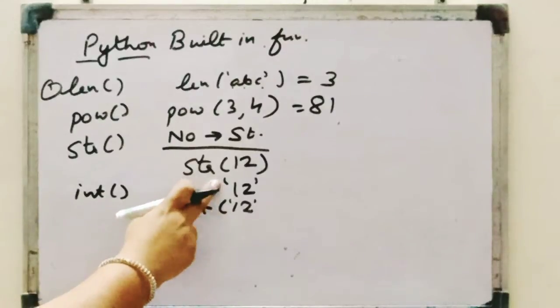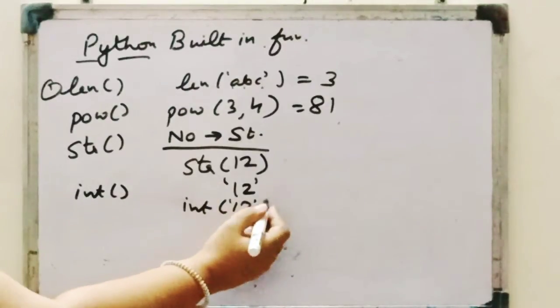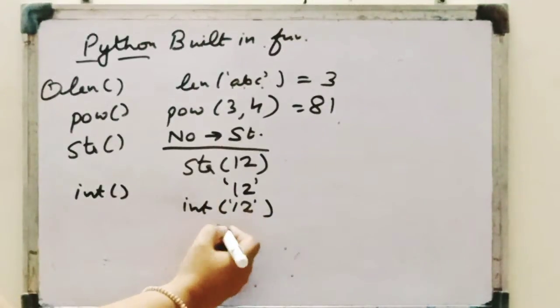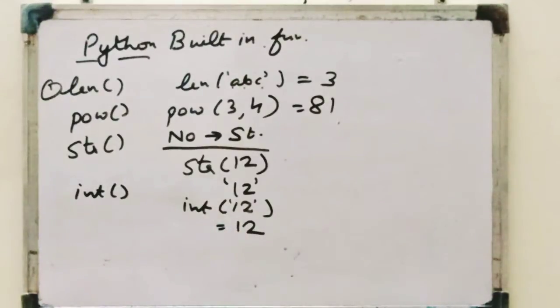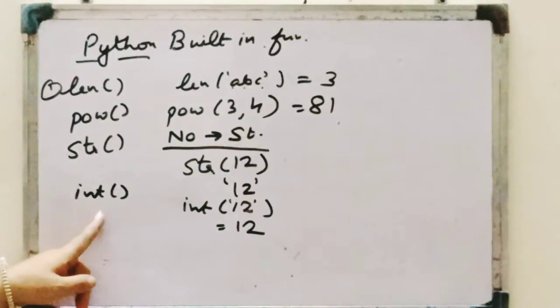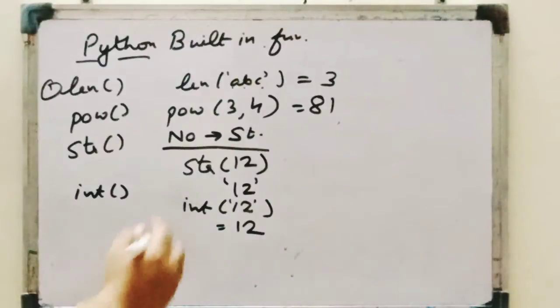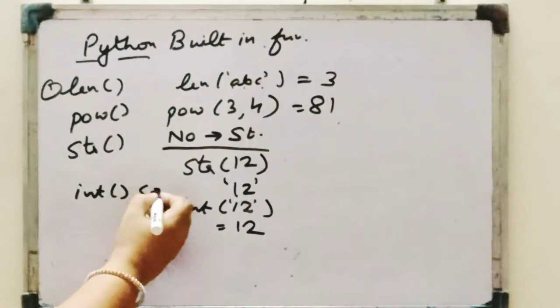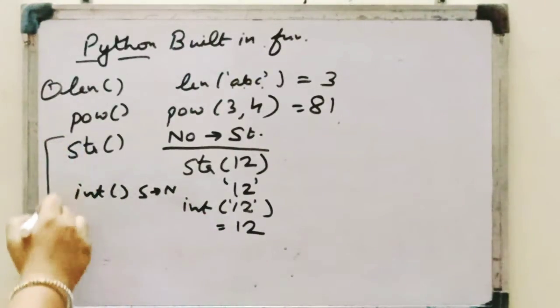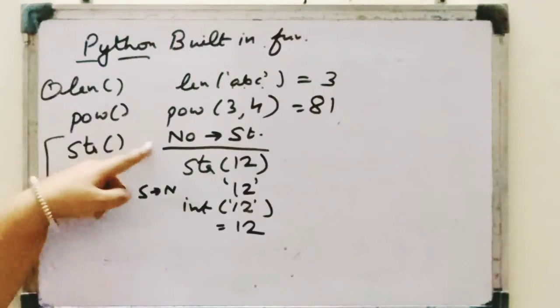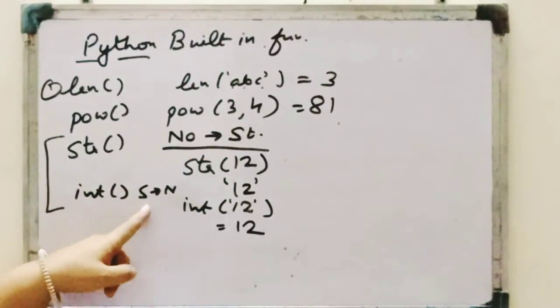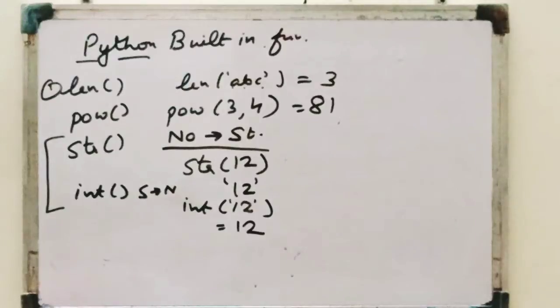If I want to change this back into a number, how can we write it? int of this string, then the answer will be 12. It just converts a string to a number. So these two are vice versa: str converts a number to a string and int converts a string to a number.